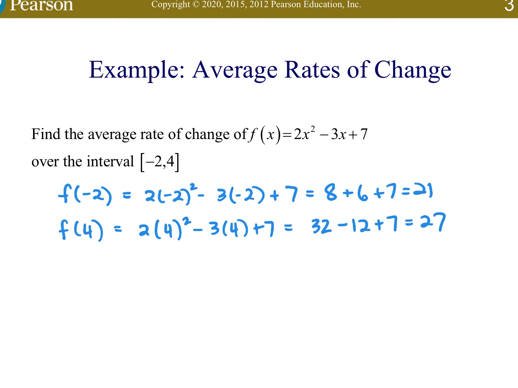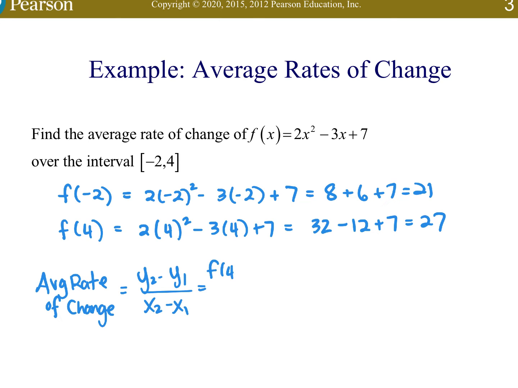And so now our average rate of change is y2 minus y1 over x2 minus x1. In other words, f of 4 minus f of -2 over 4 minus -2. So it's just y2 minus y1. It's the old way of figuring out the slope.